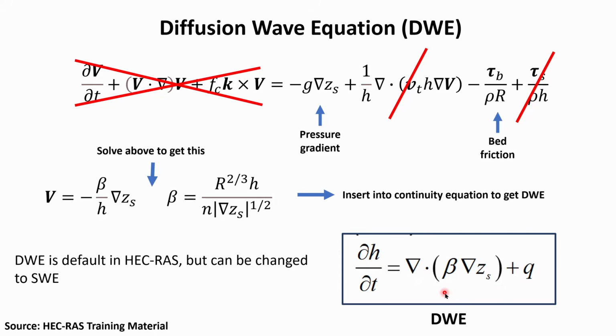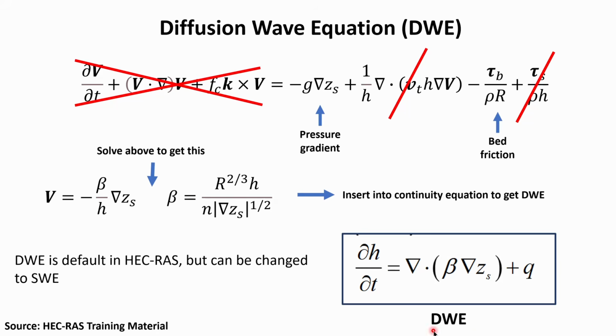With this approximation, the equation is called the diffusion wave equation, or the diffusion wave approximation of the shallow water equation. Now HEC-RAS 2D uses both the diffusion wave equation and the shallow water equation, and depending on our situation we can select which equation we want to use.